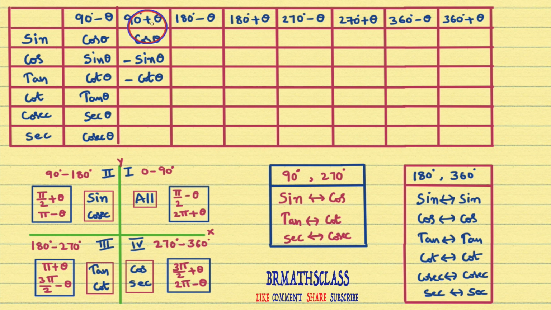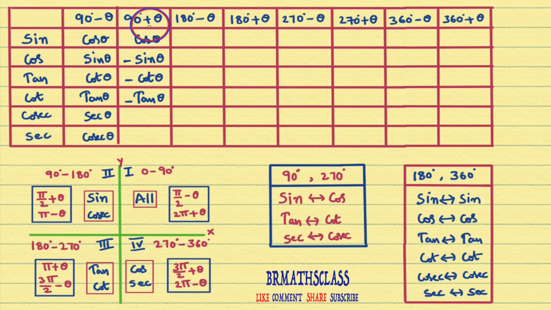Cot pi by 2 plus theta: as 90 degrees is there, cot changes to tan theta. Second quadrant, cot is negative. So cot pi by 2 plus theta is minus tan theta.